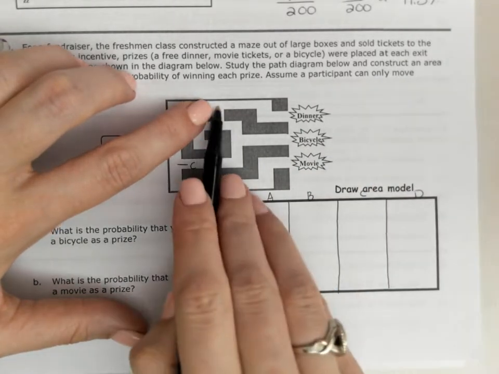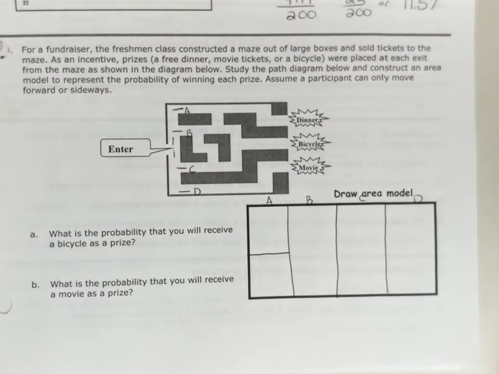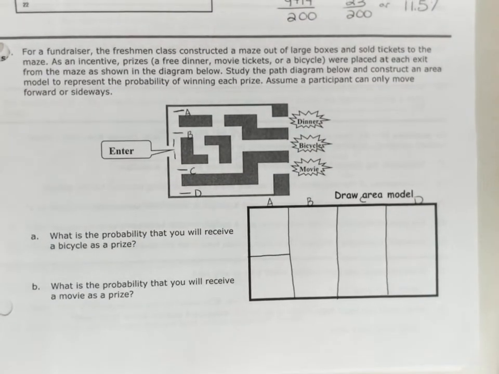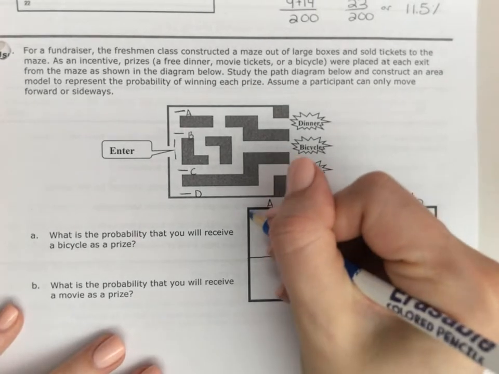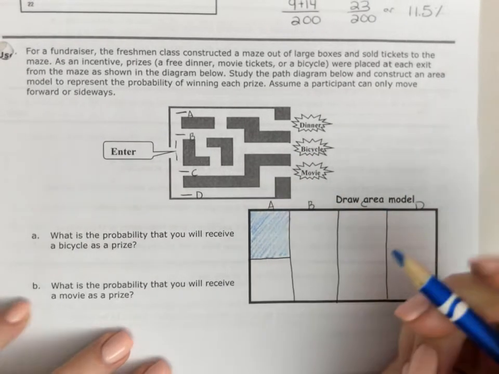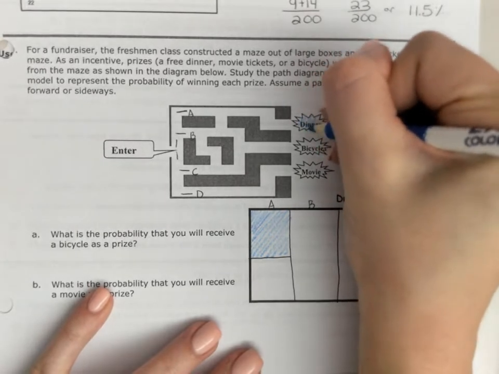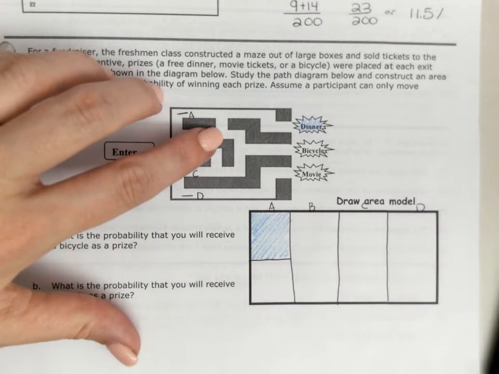I'm going to use colors. If I go straight, I have to end up at dinner. If I went down, I have to end up at a bicycle.